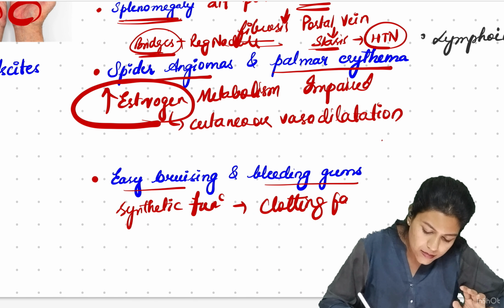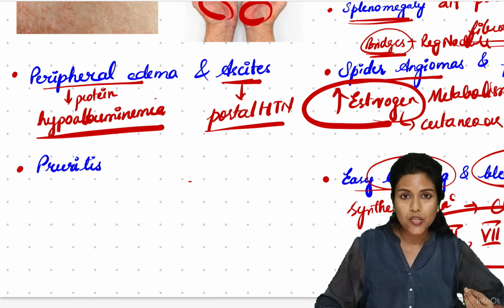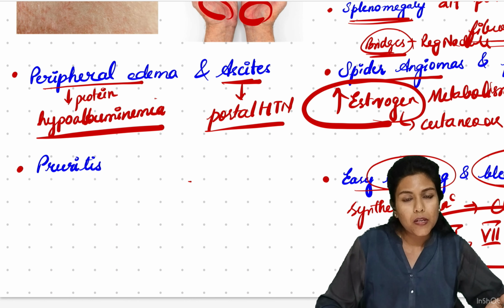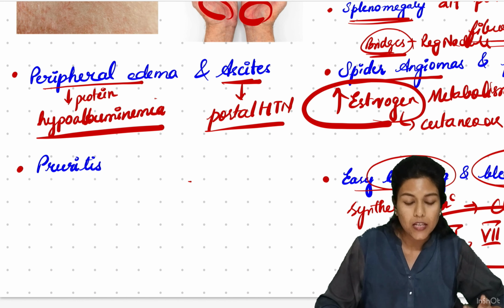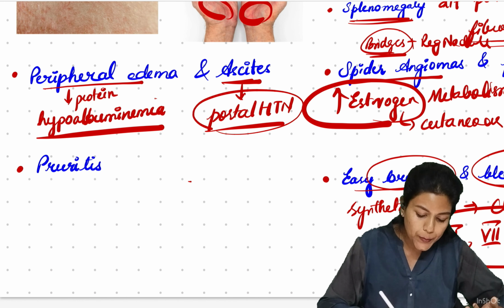Because of this bridging fibrosis, the blood supply is cut off. So stasis of blood occurs in the portal vein, portal hypertension, splenomegaly. Because of portal hypertension, there will be transudate. So there's leakage of fluid from the splanchnic capillaries, so it will lead to transudative ascites in the abdominal cavity.